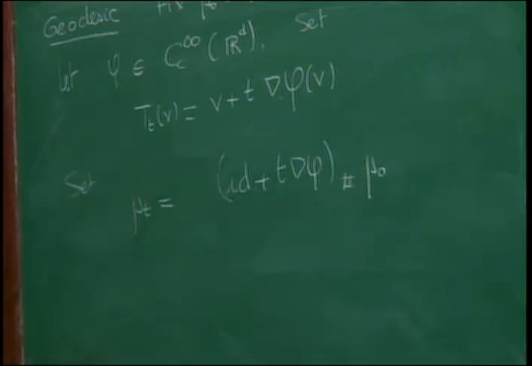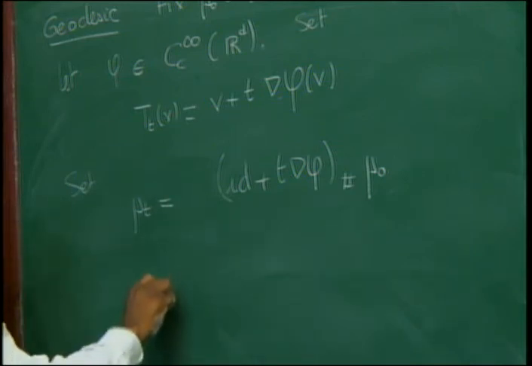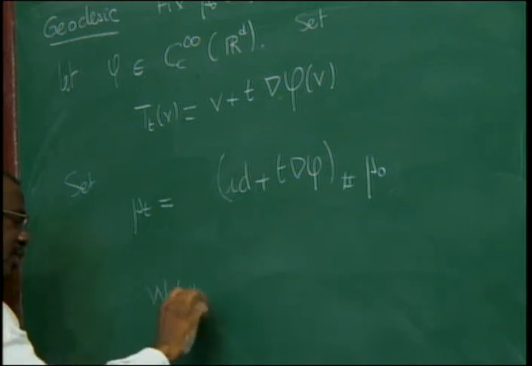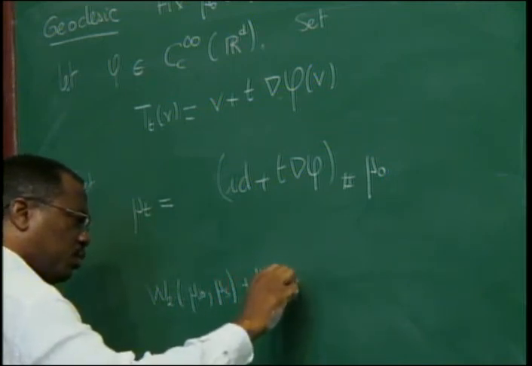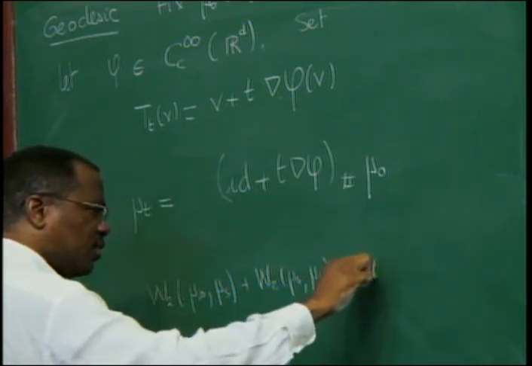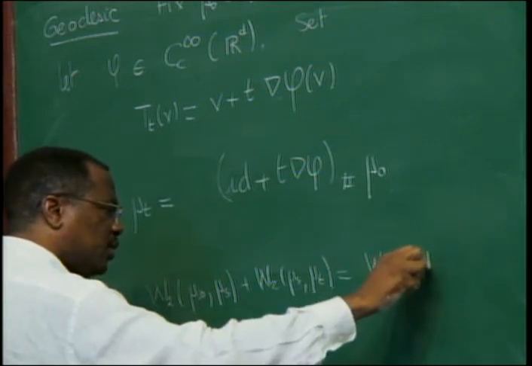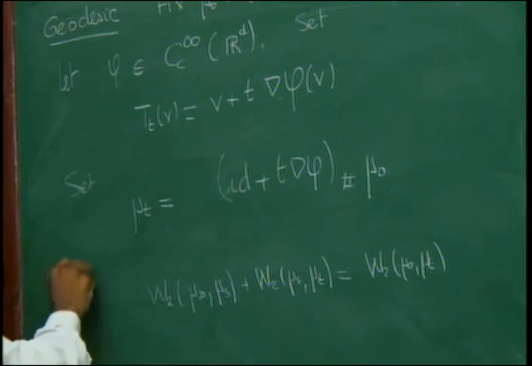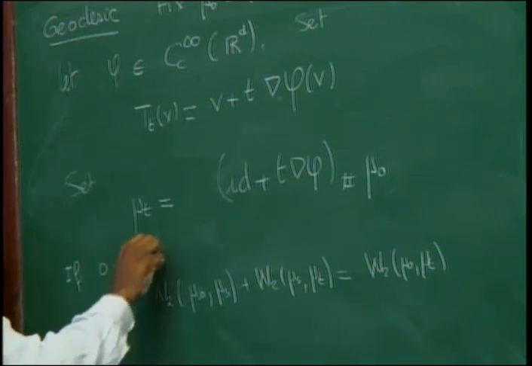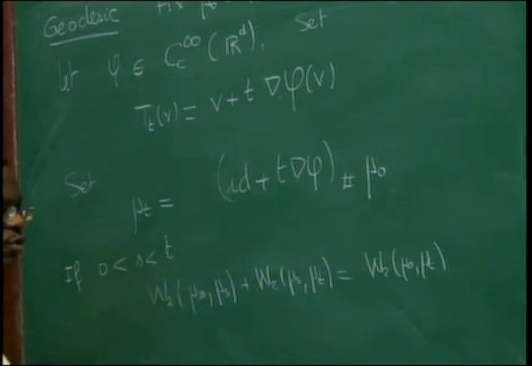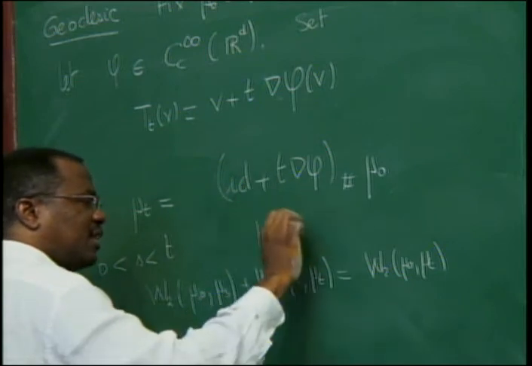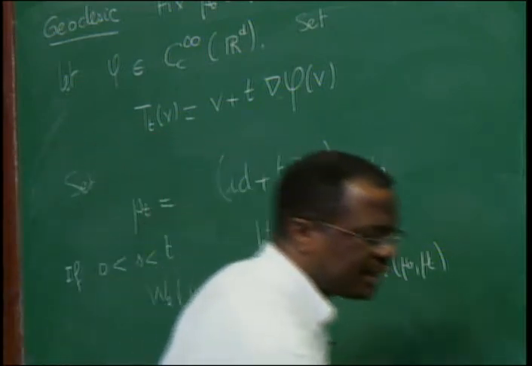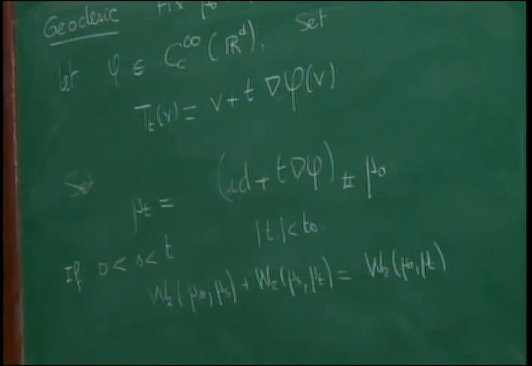This is a geodesic of minimal norm in the sense that if you compute W2 of mu t and mu naught, mu s plus W2 of mu s and mu t, this is W2 of mu naught and mu t, if 0 is less than s, is less than t, and t has to be taken less than t naught, and t naught has to be taken such that this is greater than or equal to 0.